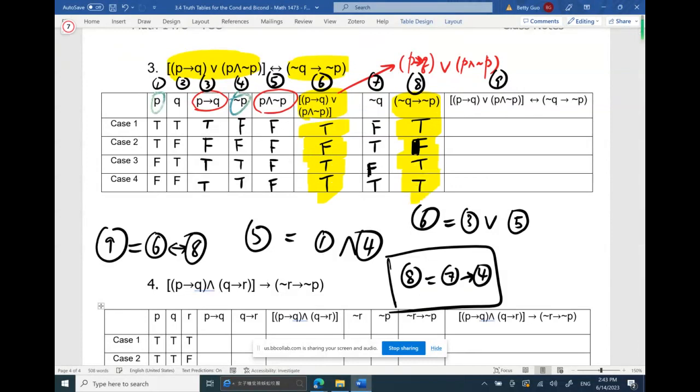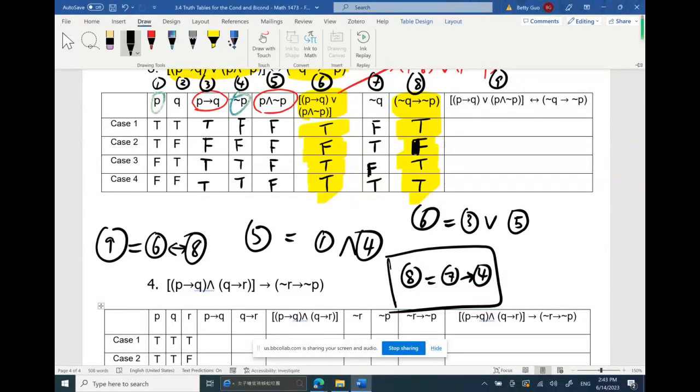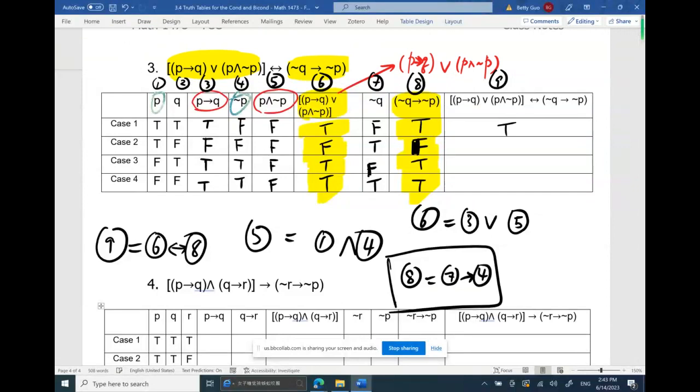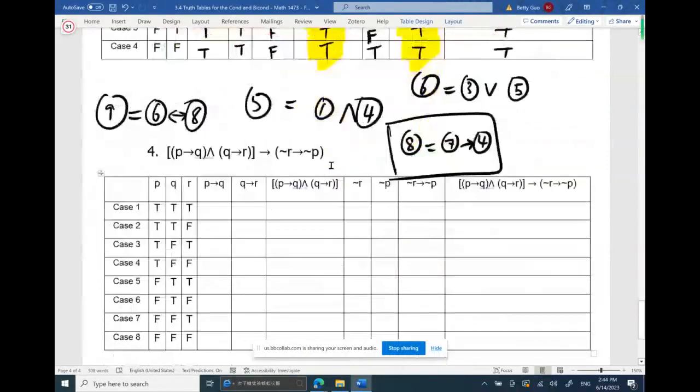This and this. Biconditional. For the biconditional to be true, the 2 pieces need to have the same truth value. Case 1, yes, they have the same truth value. Case 2, yes. Case 3, yes. Case 4, yes. Okay, this is a tautology. The statement turns out to be a tautology because it's true in all cases.